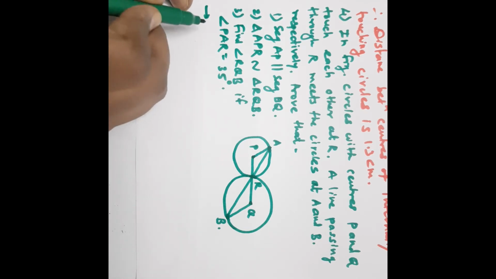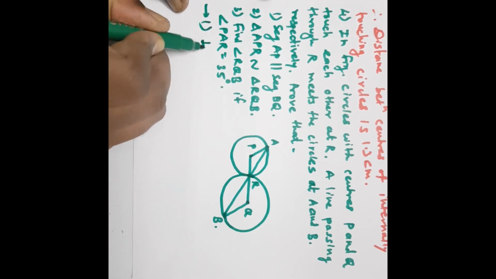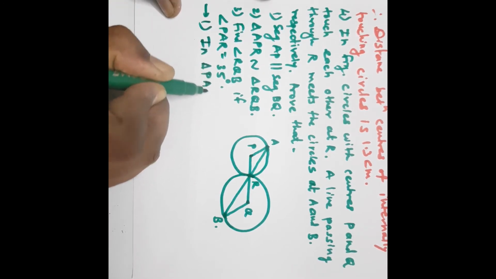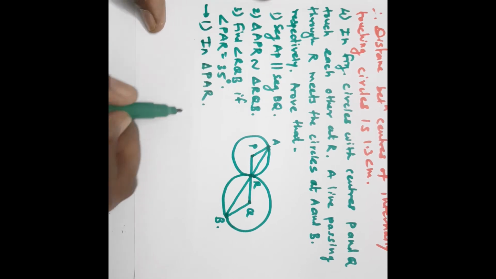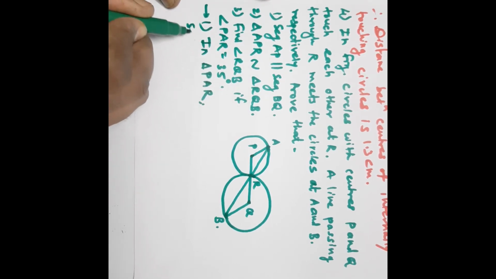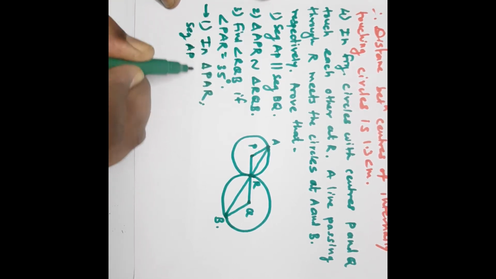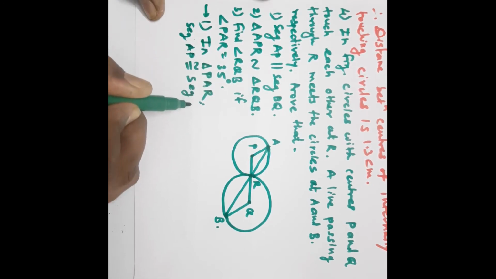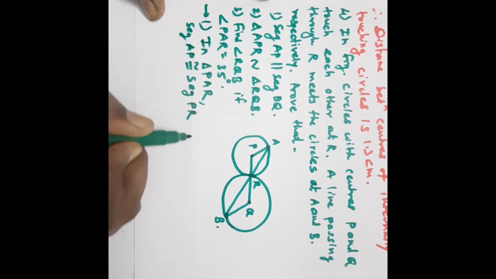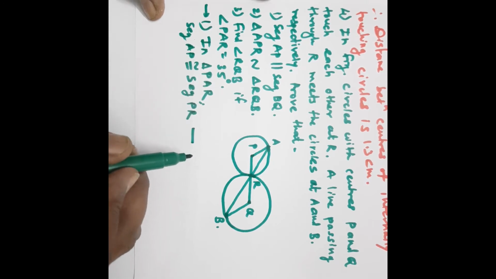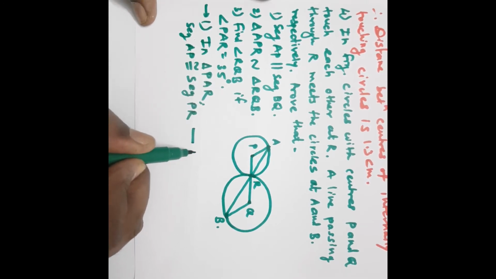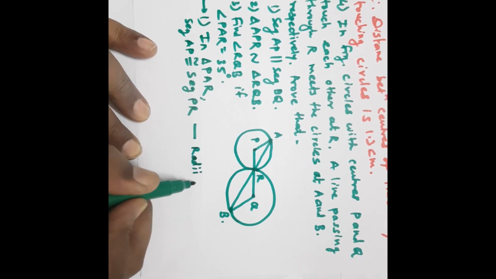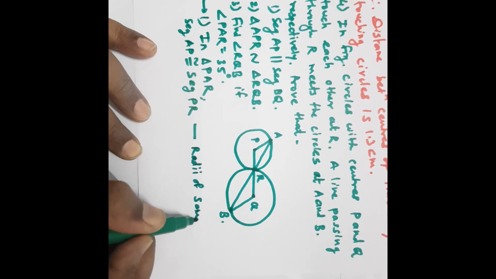See here, in triangle PAR, seg AP is congruent to seg PR. These are radii of the same circle.